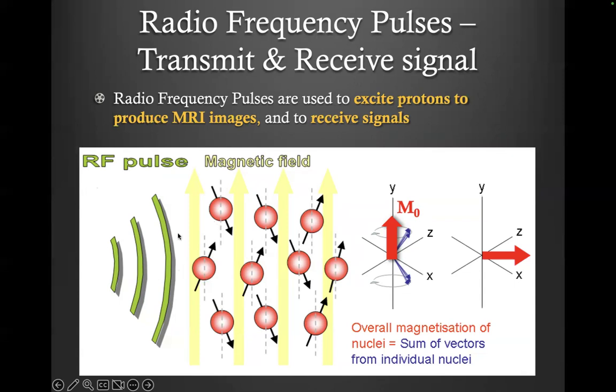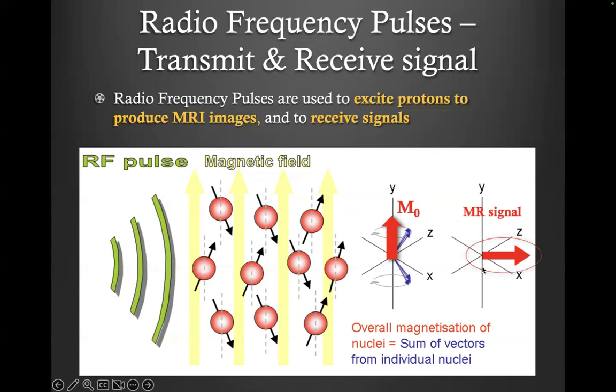But in order for the MRI signal to be detected, that magnetization is too weak to be detected within the surrounding strong magnetic field. So you have to use an RF pulse to excite it, to tip this magnetization to the transverse plane. And then you have your receiver coil there to listen to the signal, the RF signal, within the transverse plane.